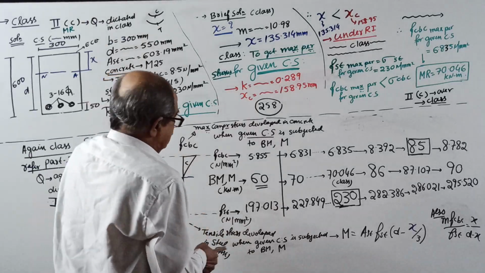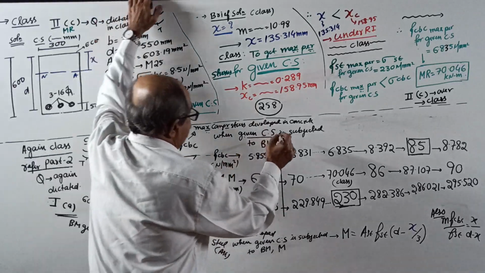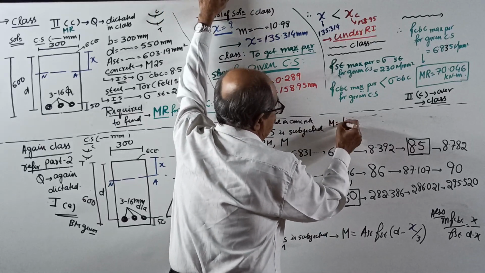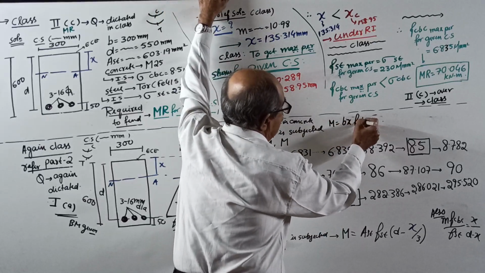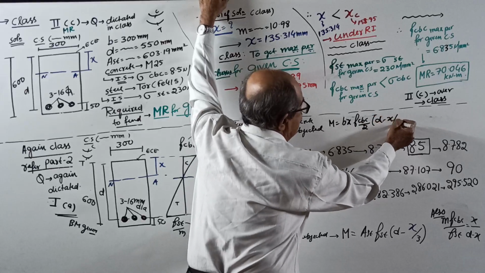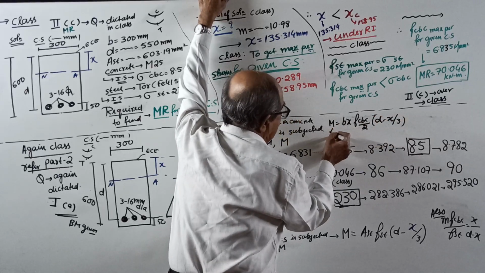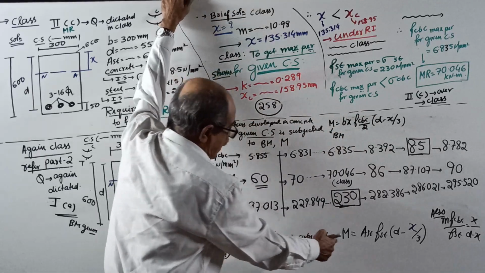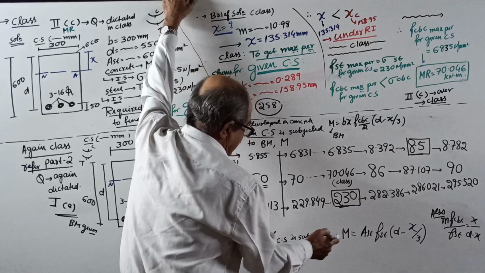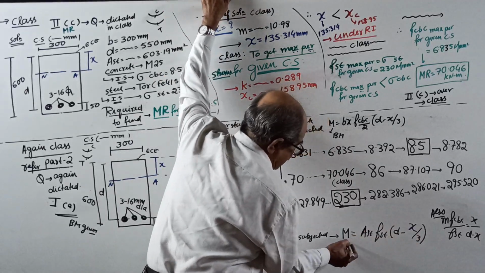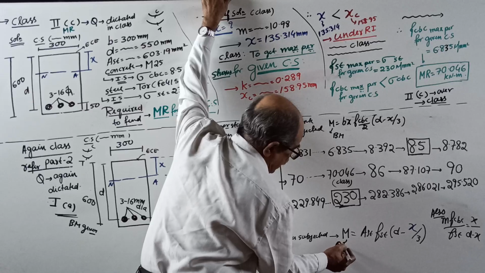If you use this based on compression, M equals BX FCBC by 2 into D minus X by 3. Here M is the bending moment, FCBC is the stress developed. Here you can use M equals AST FST into D minus X by 3. M is the bending moment, not MR.